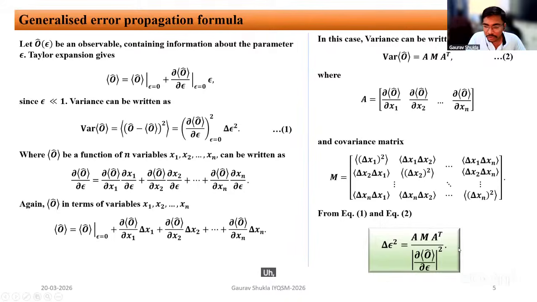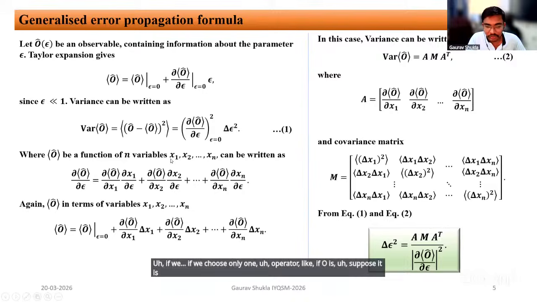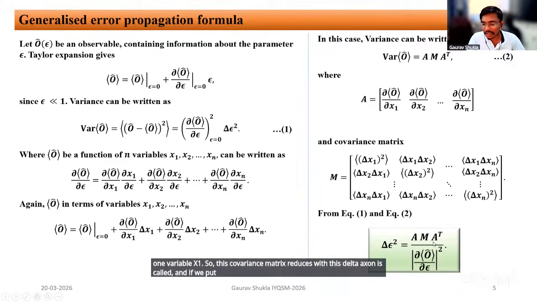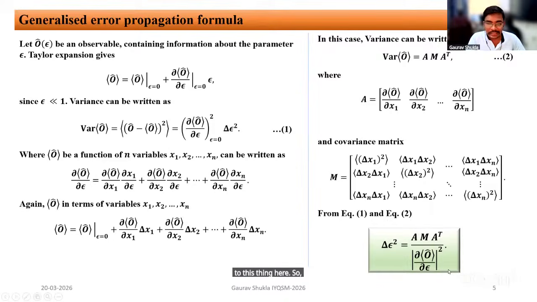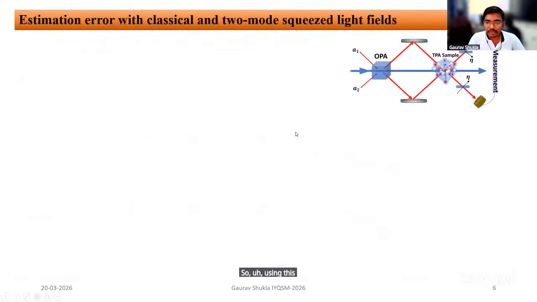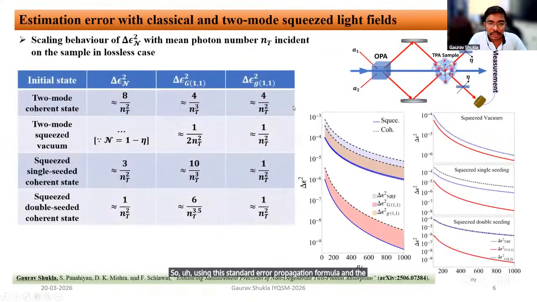If we choose only one variable, suppose O has only x1, this covariance matrix reduces to delta x1 squared, and if we put this here, it easily reduces to the standard error propagation formula.